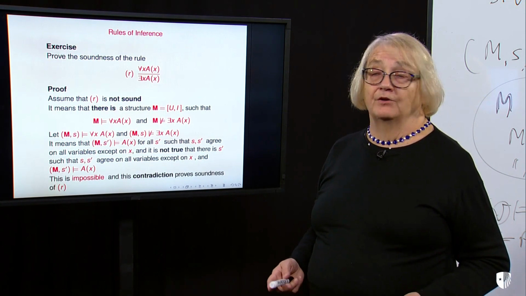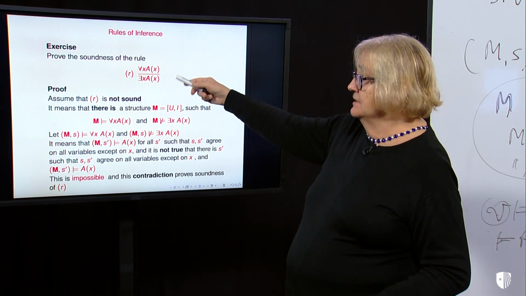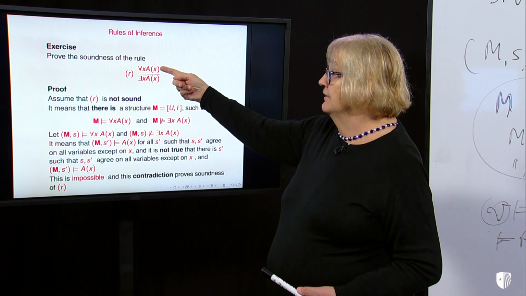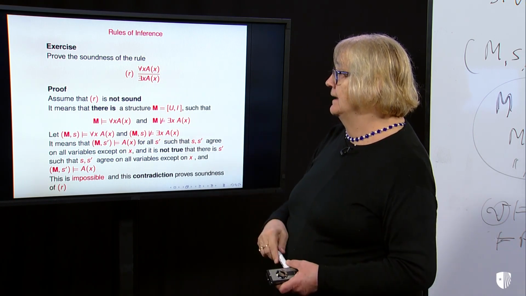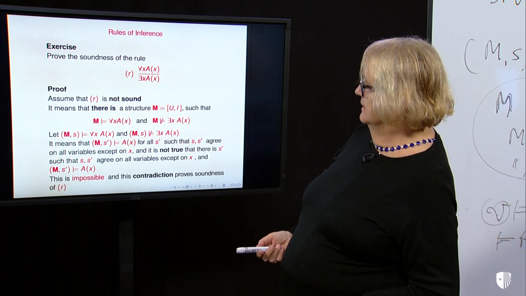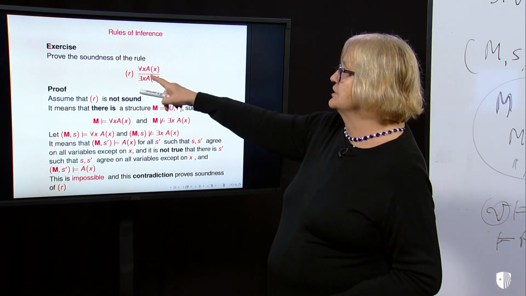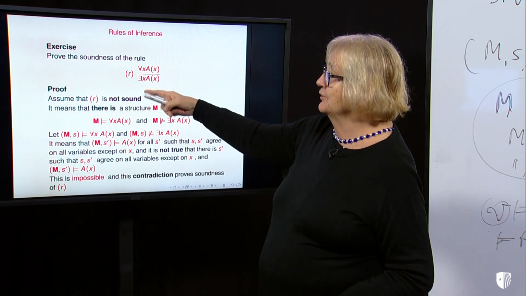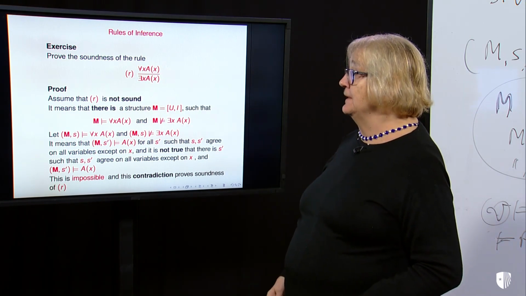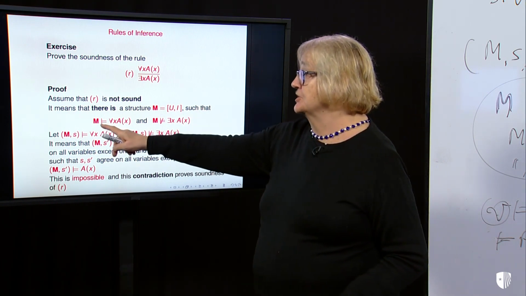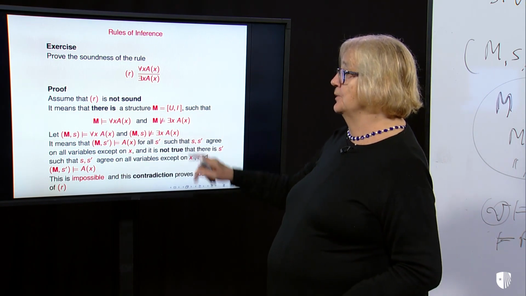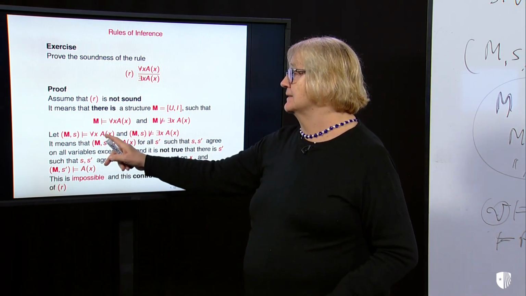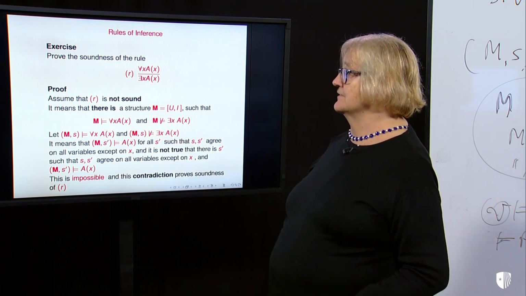For example, the rule from A(x) to for all x A(x) is not sound. But the rule from for all x A(x) to there exists x A(x) is a sound rule, right? Assume that it's not sound. It means that there is a structure M that is a model for the premise and not a model for the conclusion. So M, s satisfies the premise and M, s does not satisfy the conclusion.